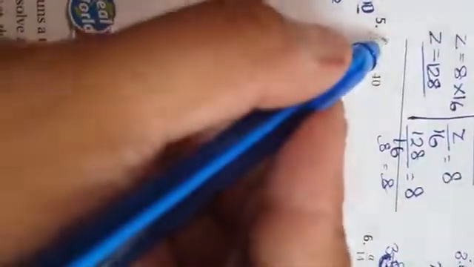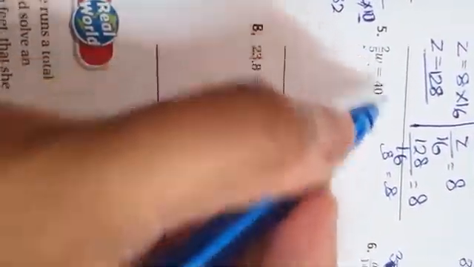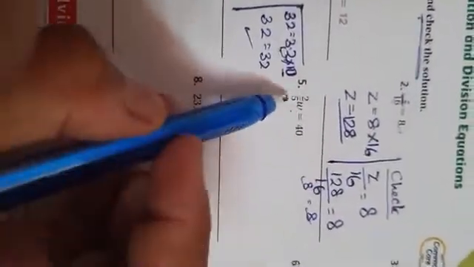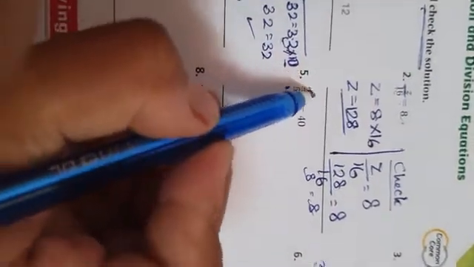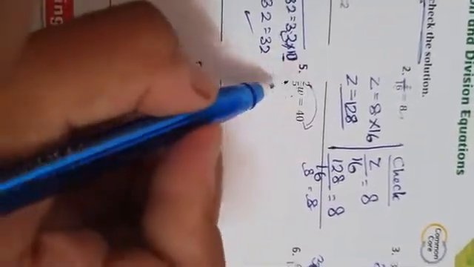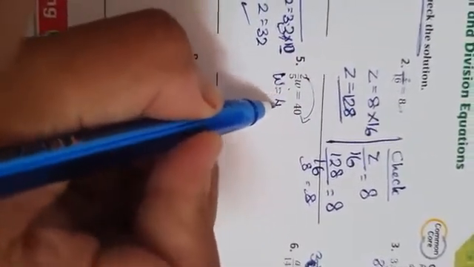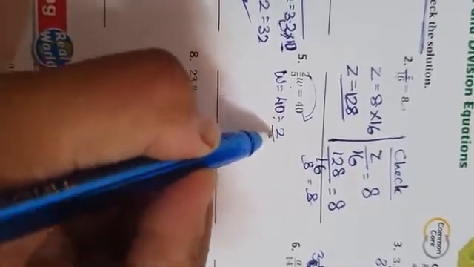Our answers are right. Okay, question number 5, we have 2 over 5w equals 40. Now 2 over 5 w means 2 over 5 multiplied by w, which means when it moves to this side it will become divide. So w equals 40 divided by 2 over 5.